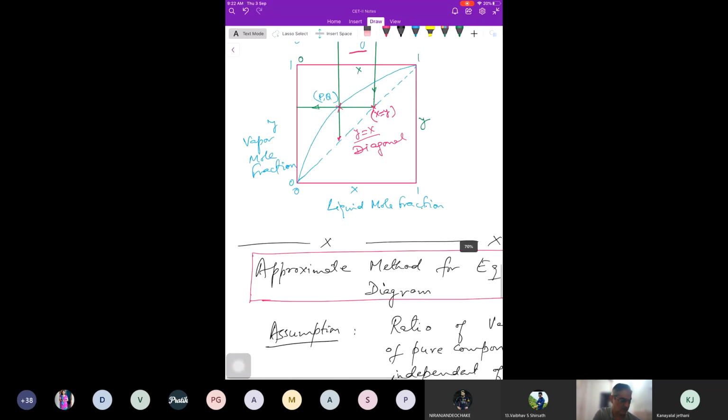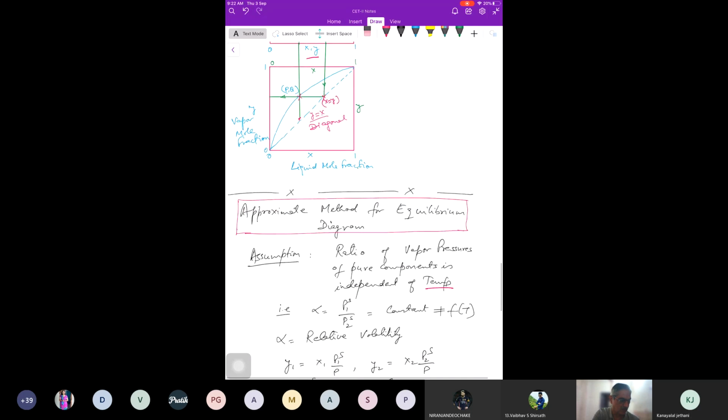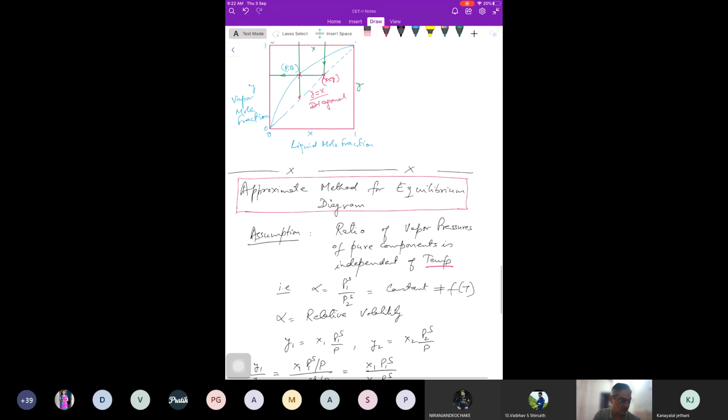Okay, so there's what you have seen. There's another method which we'll see now. This is called the approximate method of equilibrium diagram. So we assume that the ratio of vapor pressures of pure components is independent of temperature. So what vapor pressure we calculate by internal equation P1s and P2s.